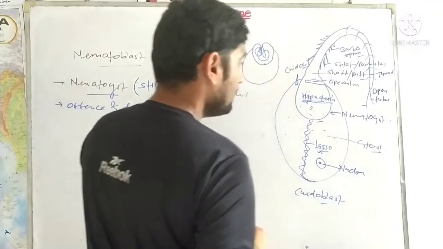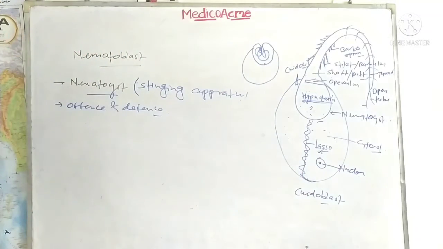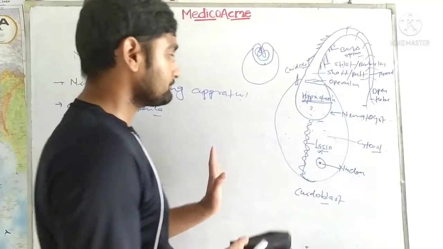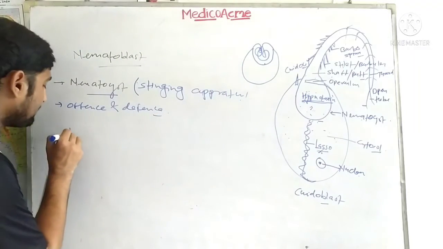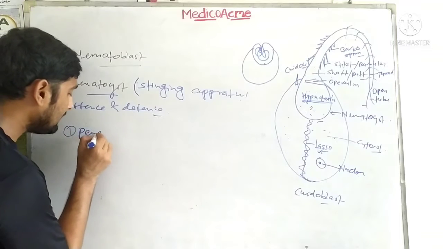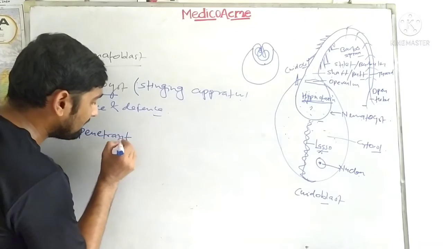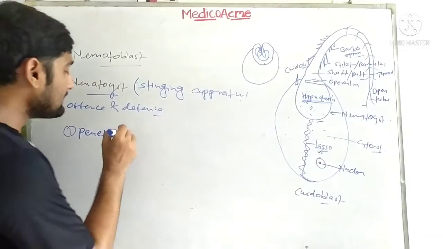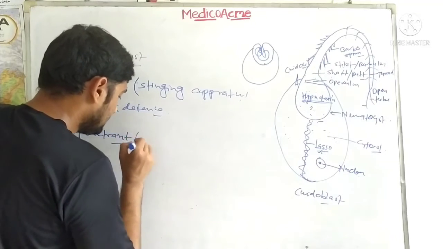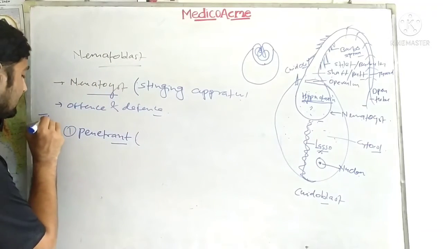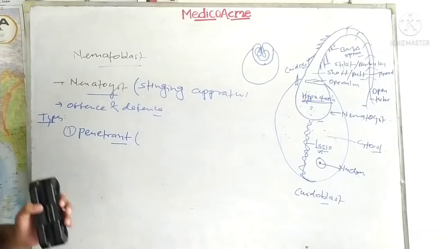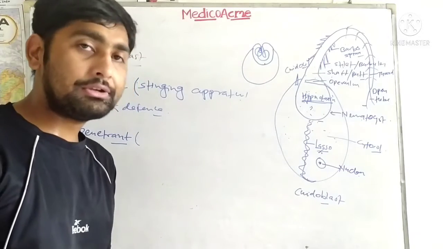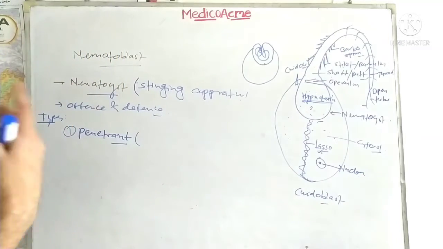So guys, this was about the simple nematocyst. This nematocyst is called the penetrant, which is very widely available, or most common you can say. When you go into the types of nematoblast, you will find that there are 4 kinds of nematoblasts existing in the cnidarians.